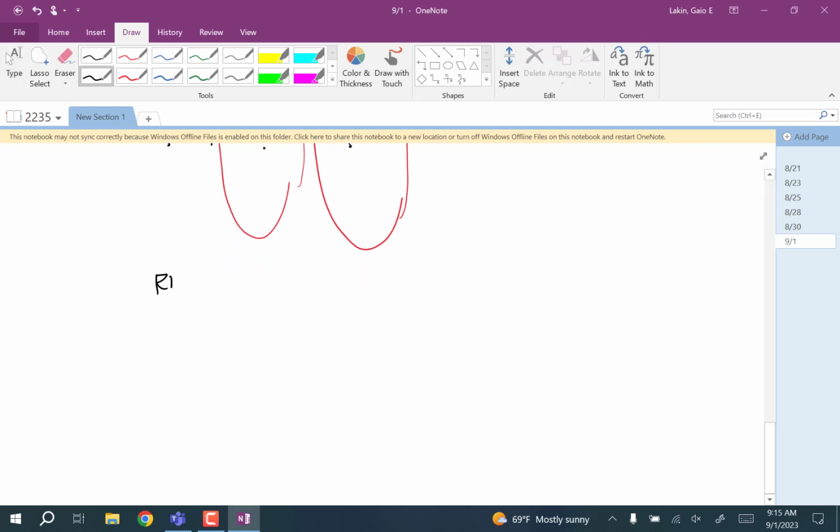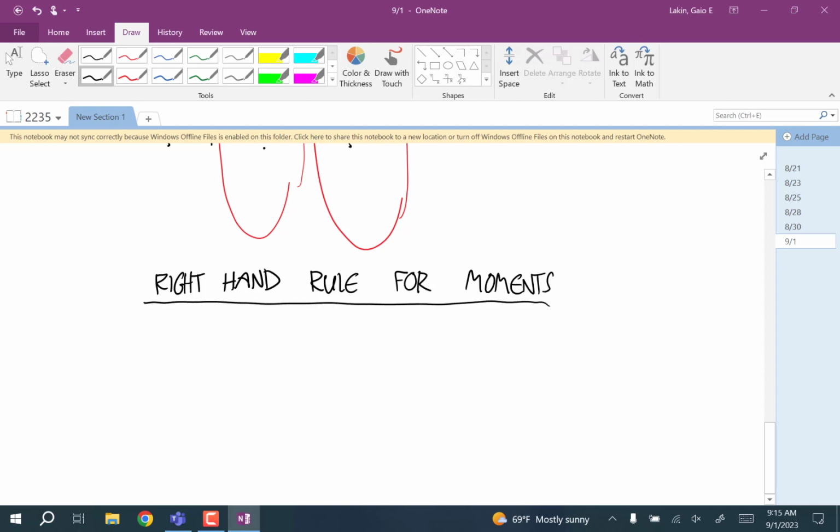The right-hand rule as a tool for moments. So think only about the single force you're considering.